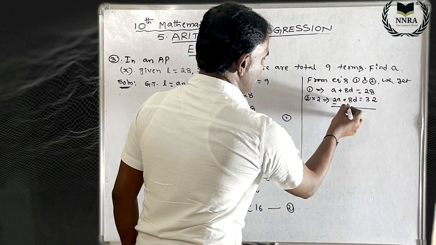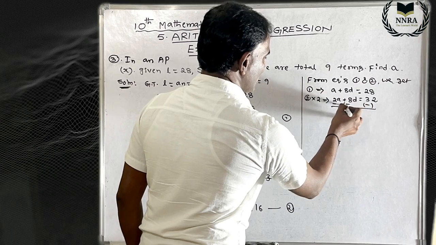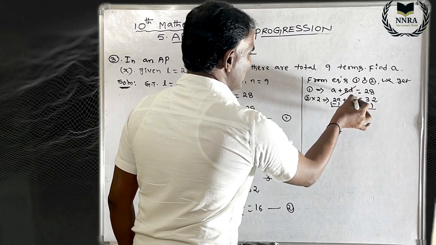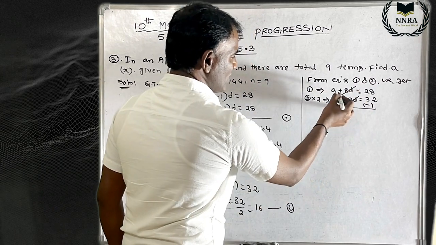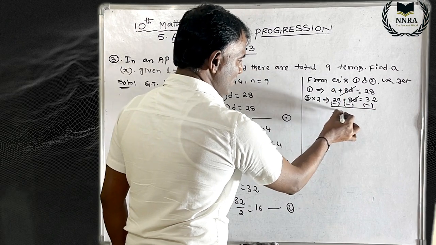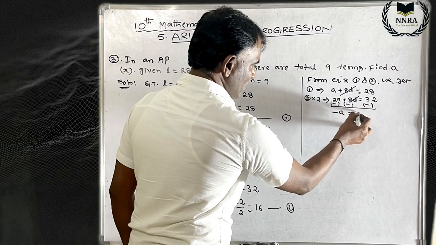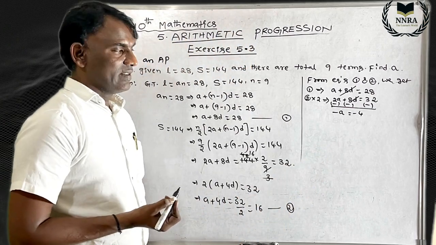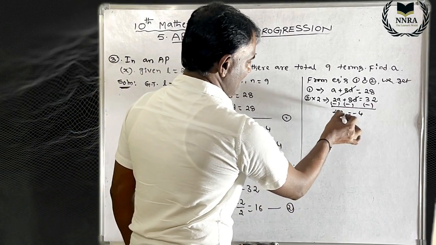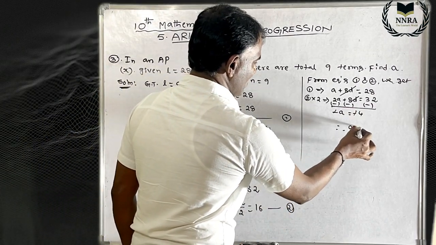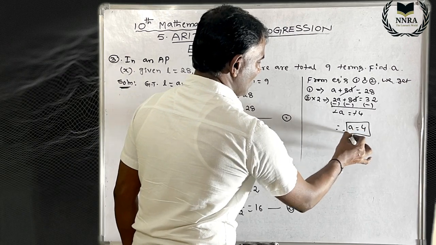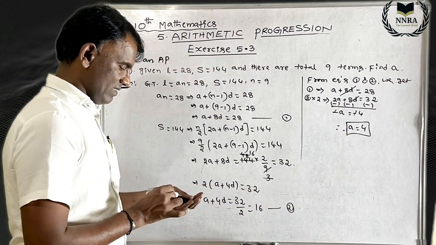Now minus, right? So d term will be cancelled. Then what is the remaining? a minus 2a means minus a. 28 minus 32, that is minus 4. Right? Now minus gets cancelled. Then what is the value of a? a equal to 4. That is the final answer.